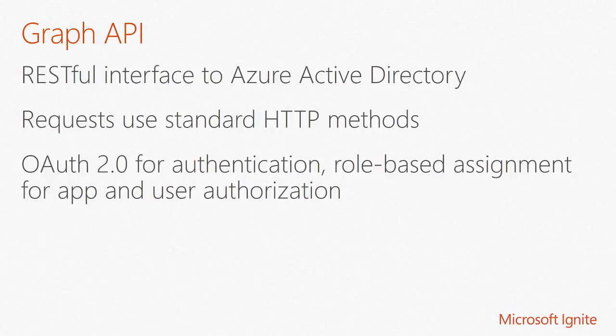You can go to graph.microsoft.io and look at the myriad of Office 365 applications that you can access via the Graph. It's all REST. It's just standard HTTP methods. And it uses OAuth for authentication. So we can use those same tools to register apps to use the Graph and to delegate permissions.